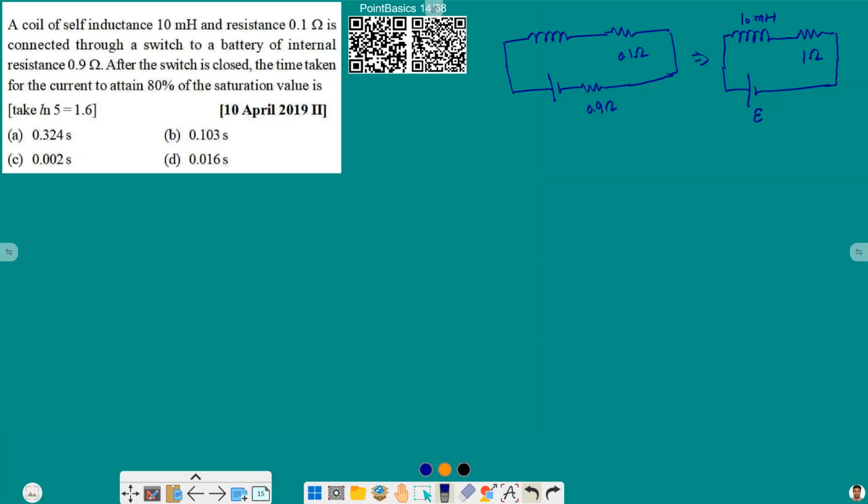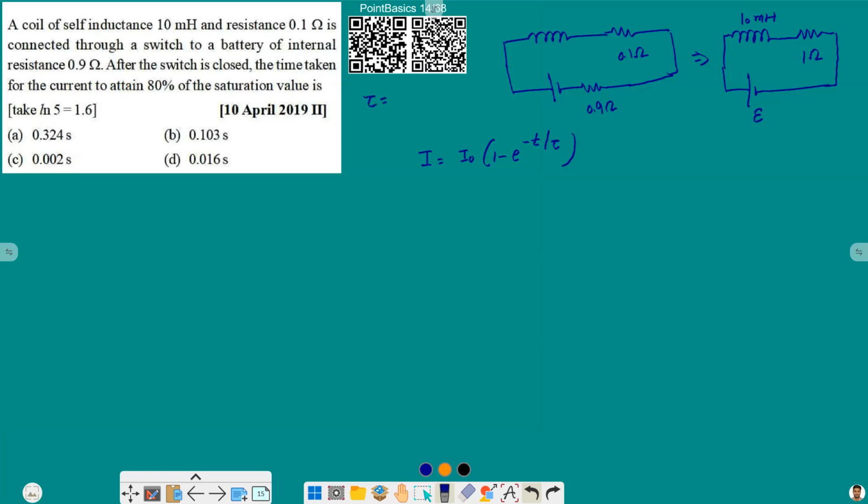Now it is asked the time taken to attain 80% of the saturation value, and this is the current flowing through the inductor. We know that in an inductor, current slowly builds up to a certain value and then it stops changing. And for an inductor, the charging equation of current is given by I is equal to I0 times (1 minus e^(-t/tau)), where tau is the time constant.